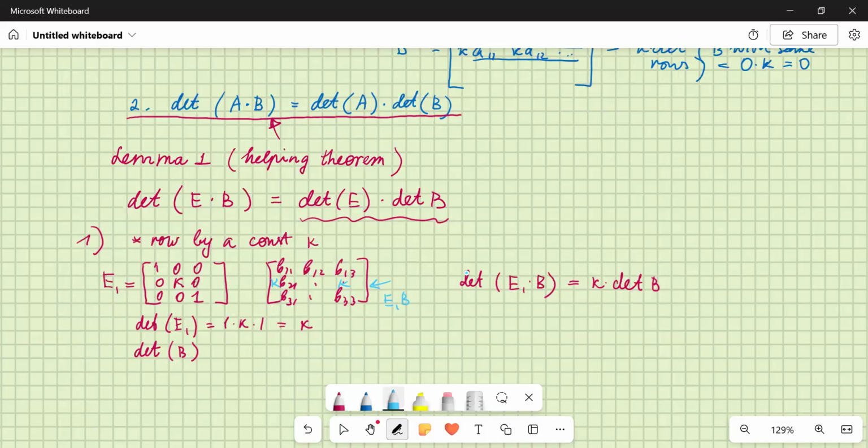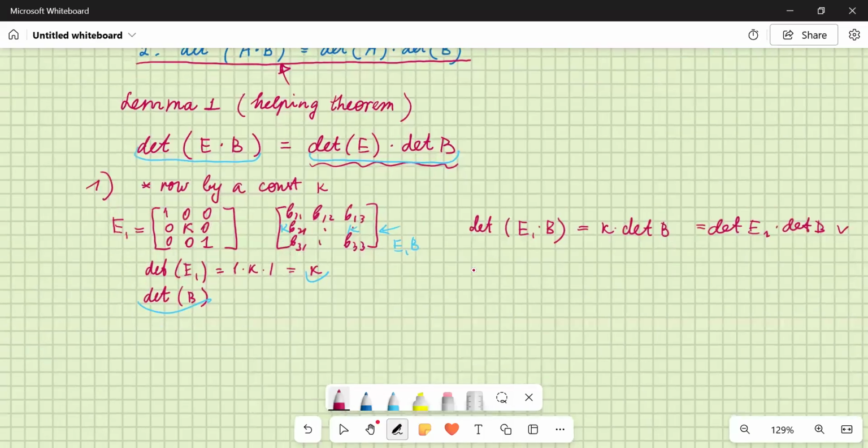If you calculate this determinant of E1B, you're going to have k times the determinant of B. And if you calculate this side, you're also going to have k times the determinant of B, just because this is the determinant of E1 times the determinant of B. Well, we are going to write it down like this: determinant of E1 times determinant of B. So we kind of proved our first case, row multiplication.